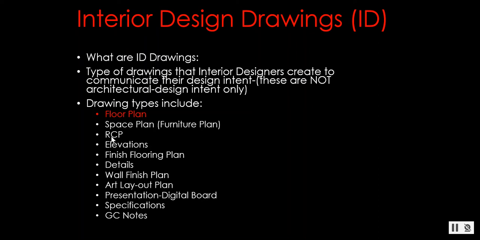We provide RCPs, which stand for Reflective Ceiling Plan. You guys have done that before. We provide mainly interior elevations. There are sometimes that I might provide exterior elevations, but mainly to convey the design intent, like showing the exterior finishes, like the stone or the paint color I specify.